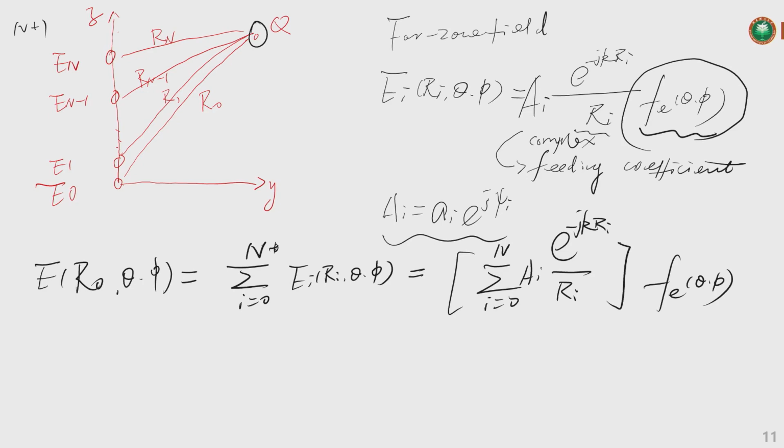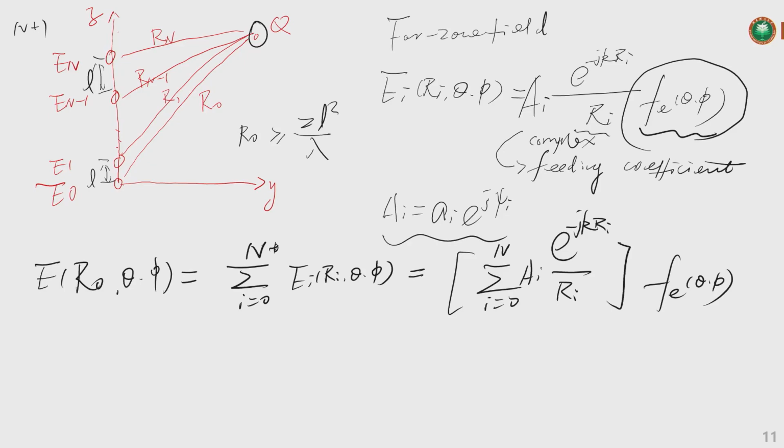Because for the far field region, R node is much larger than the array dimension. We assume the distance between each element is L, and they have the same separation L. R node is much larger than 2 L square over lambda, right?